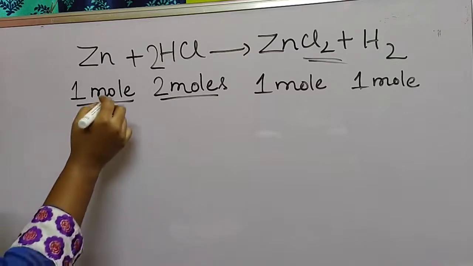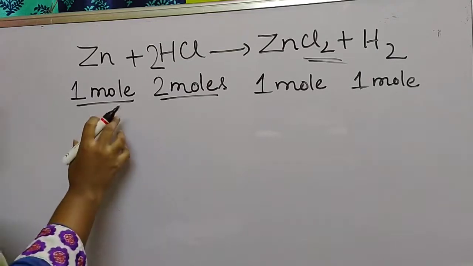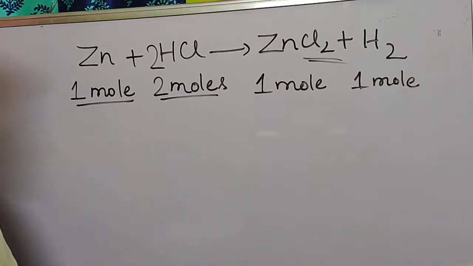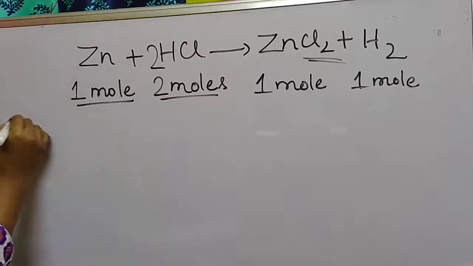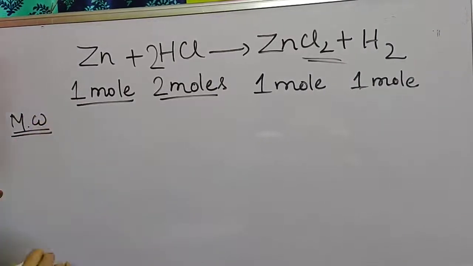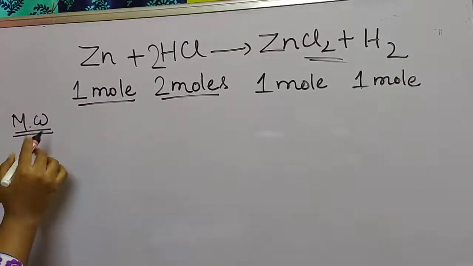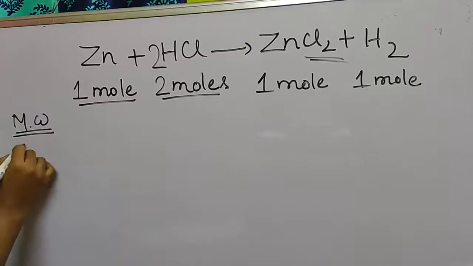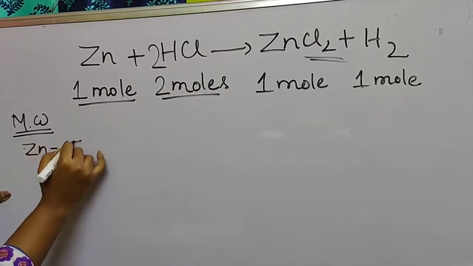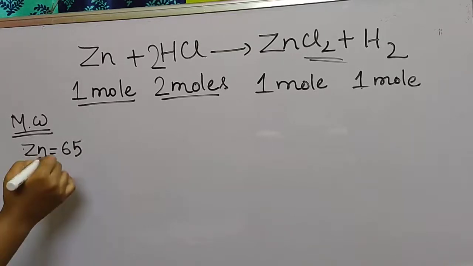Now we can calculate their molecular weights if you know their atomic masses, as well as the weight participating in the reaction. First I am showing their molecular weights. The atomic weight of zinc is 65 gram.